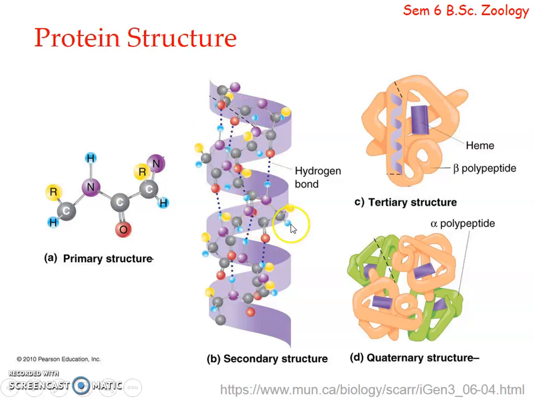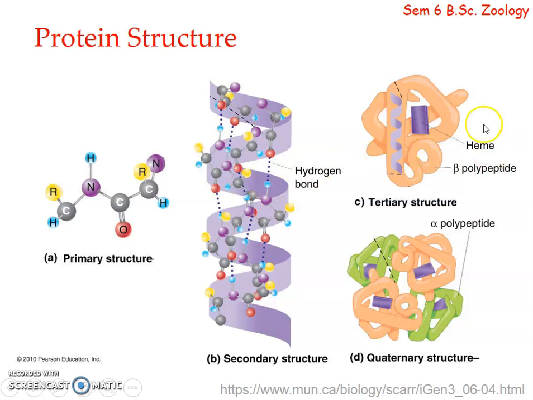Coming to the secondary structure, there is folding, pleated sheet formation or twisting. For stability of the structure, there is hydrogen bonding as well. So apart from the peptide bond, there is other intramolecular bonding in a secondary structure.